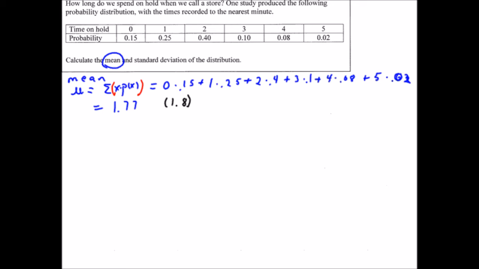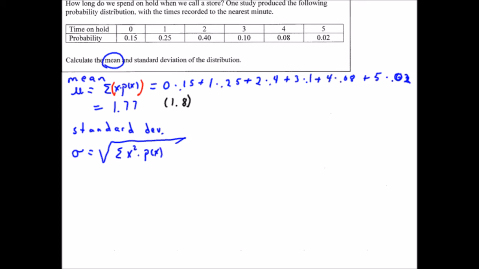For the standard deviation, it is again, because it's population, notation sigma. Every standard deviation will always have a square root. For these, it is the sum of the x's squared times their probabilities.